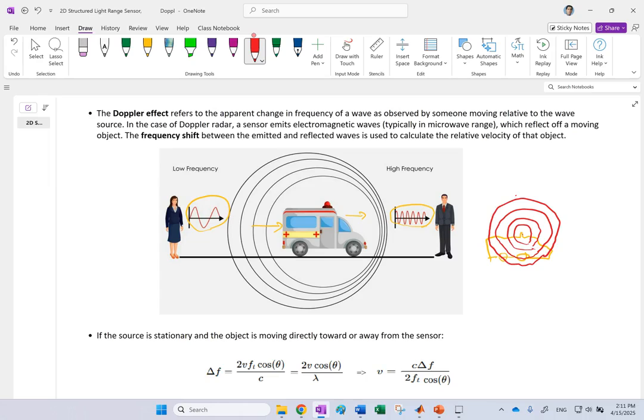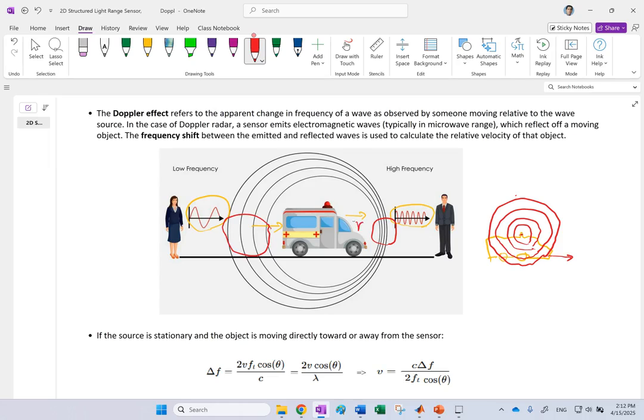So their center is still going to be at the siren location and they will spread out. But when the source of the signal, which is the siren, starts moving, what happens? In the area in front of it, these waves are going to be closer to each other, and in the area on the back, they're going to be further apart, right?